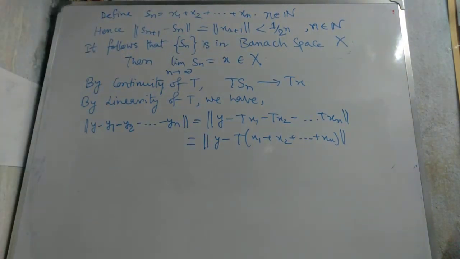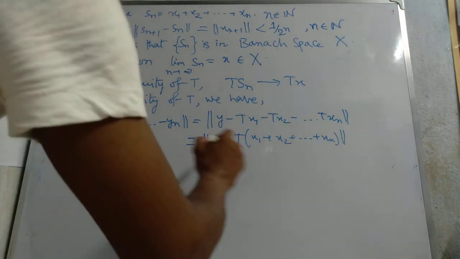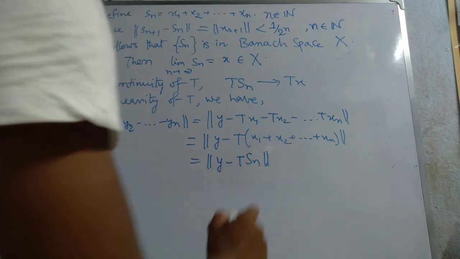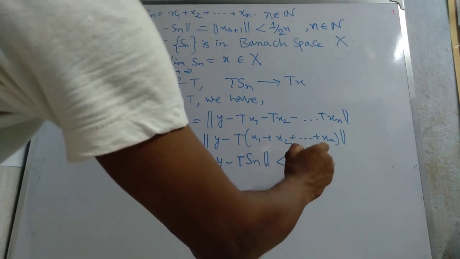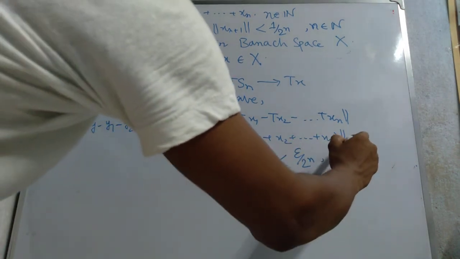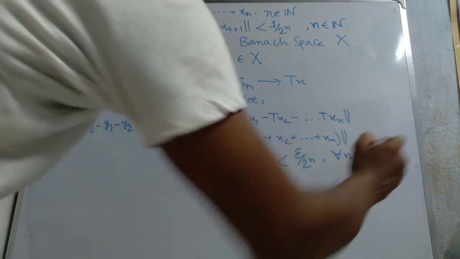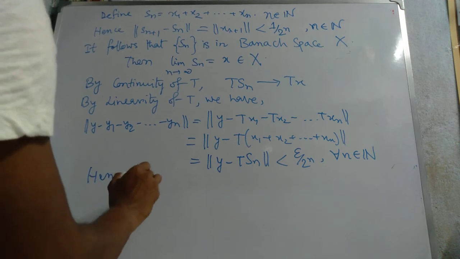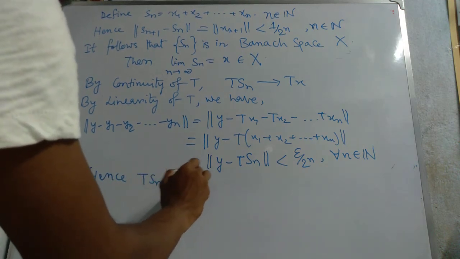Then this equals norm of y − T(Sn), which is less than epsilon/2^n for all n belonging to the natural numbers. Hence T(Sn) tends to y.